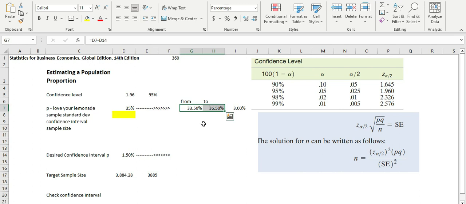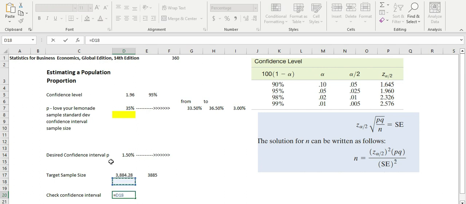Let's check if our computations are right. Alpha and the square root of PQ, again this one, and then 1 minus this one again, over this one.